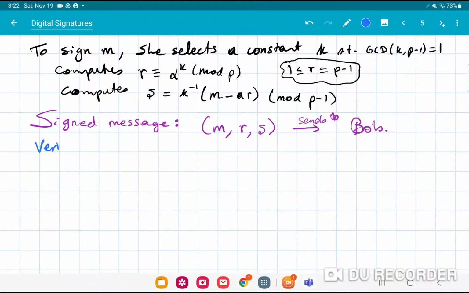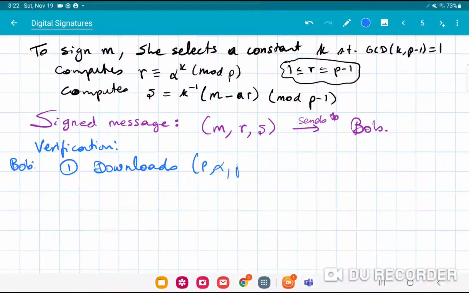So Bob, the first step is downloads P, alpha, and beta. He also has M, R, and S already sent to him.